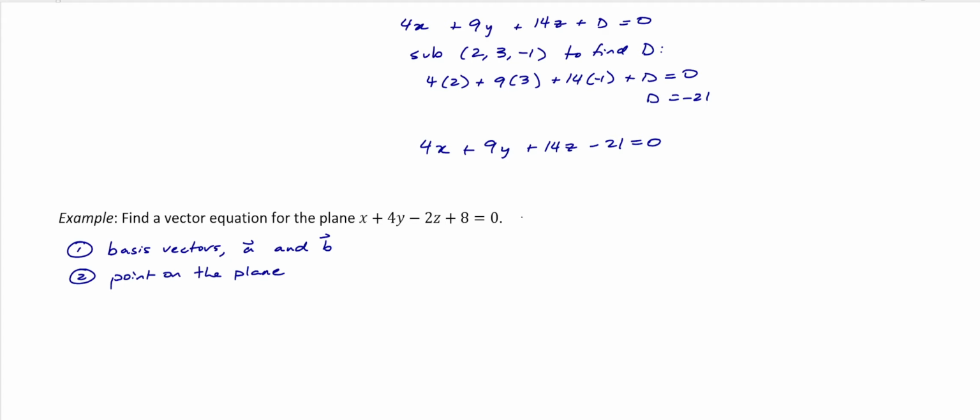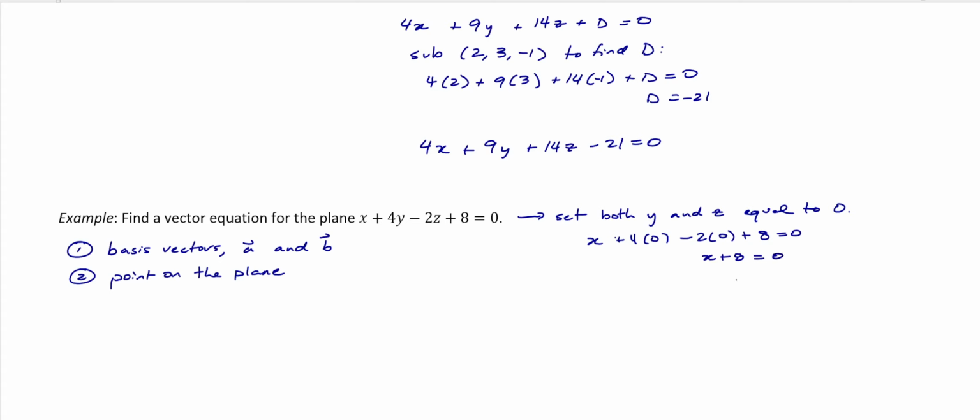Well, quite easily actually. One way is we can set both y and z equal to 0. And if we set both y and z equal to 0, then I get x plus 4 times 0 minus 2 times 0 plus 8 is equal to 0. So we get x plus 8 is equal to 0, and x is equal to negative 8.